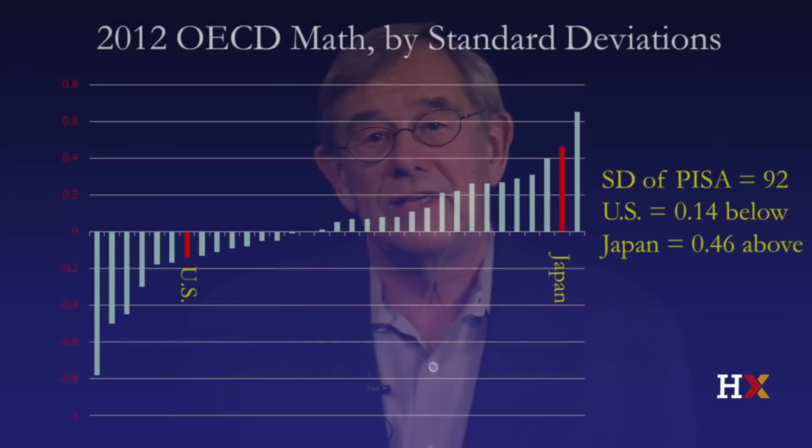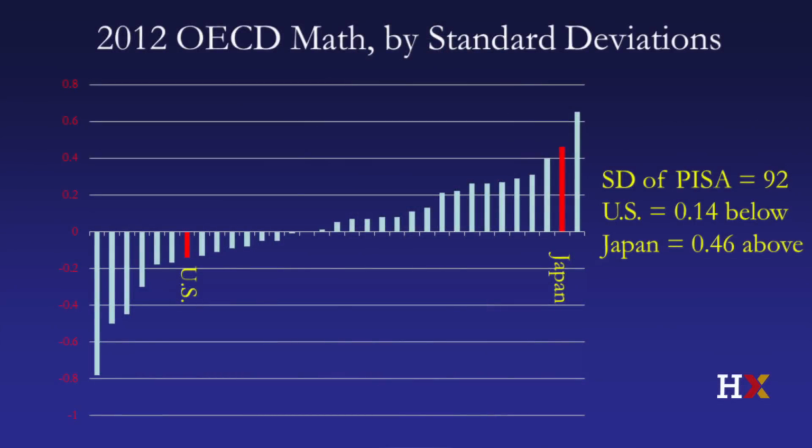So the standard deviation makes meaning out of that number 55. Once you know that the standard deviation for the PISA in 2012 was 92 points, then you can convert that 55 points and that 13 points for the United States into standard deviations, so that it becomes 14% of a standard deviation, or 0.14, below the average, and Japan's performance was about 0.46 above the average, or 46% of a standard deviation.